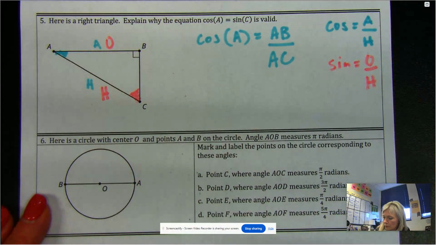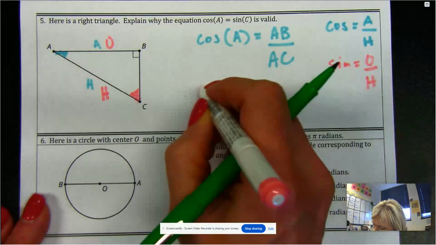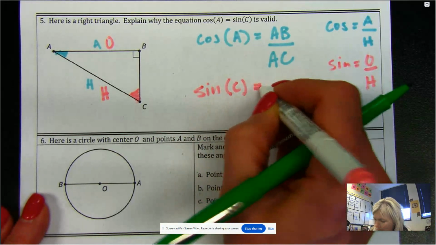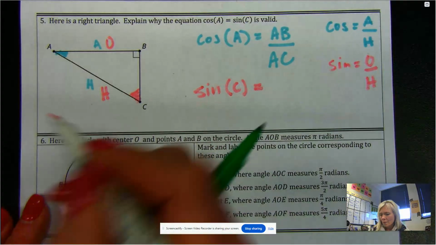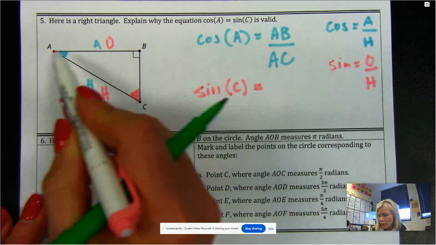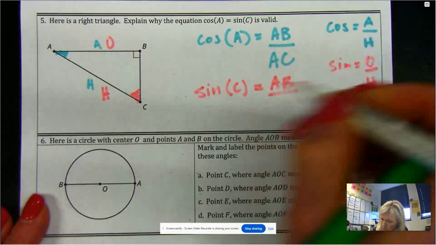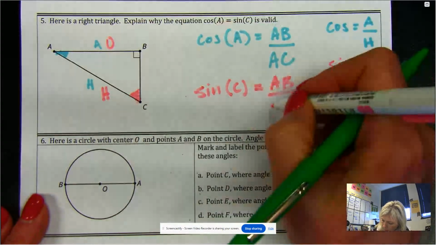And so what it comes down to is that the sine, I'm running out of ink, the sine of angle C is also equal to AB over AC.